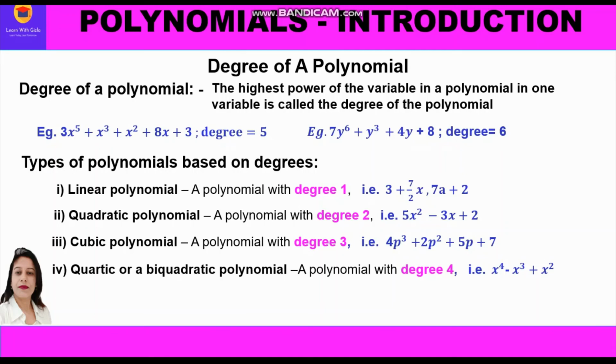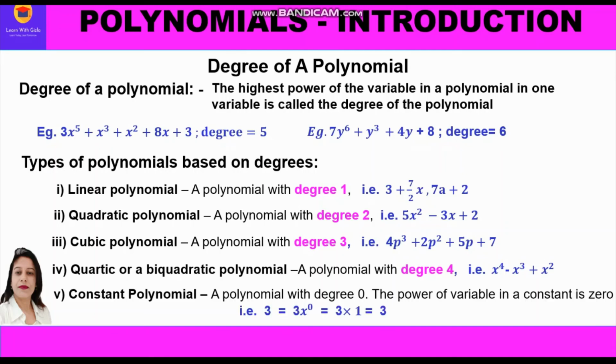Now next comes constant polynomial. In the constant polynomial, as we have already studied, we have only one term, that is the constant. And the power of the variable in the constant is 0. Therefore, the degree is also 0. For example, if we take 3, we can write it as 3 into x raised to power 0, or any other variable we can write.